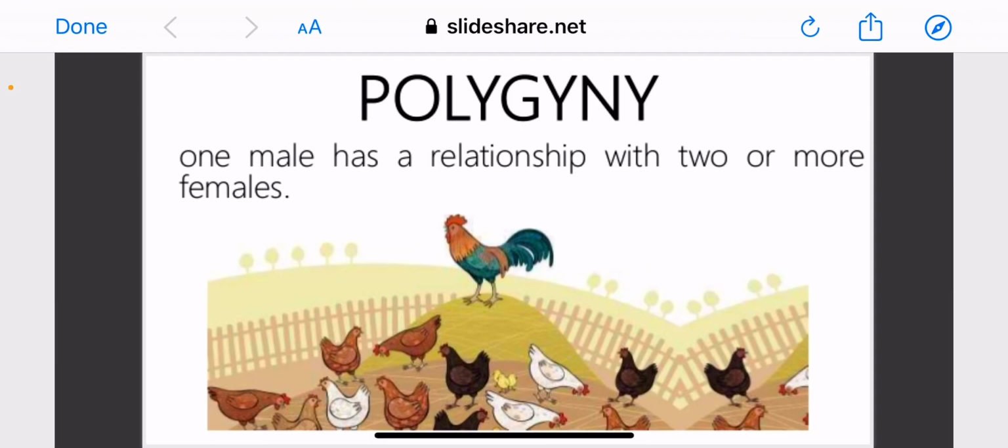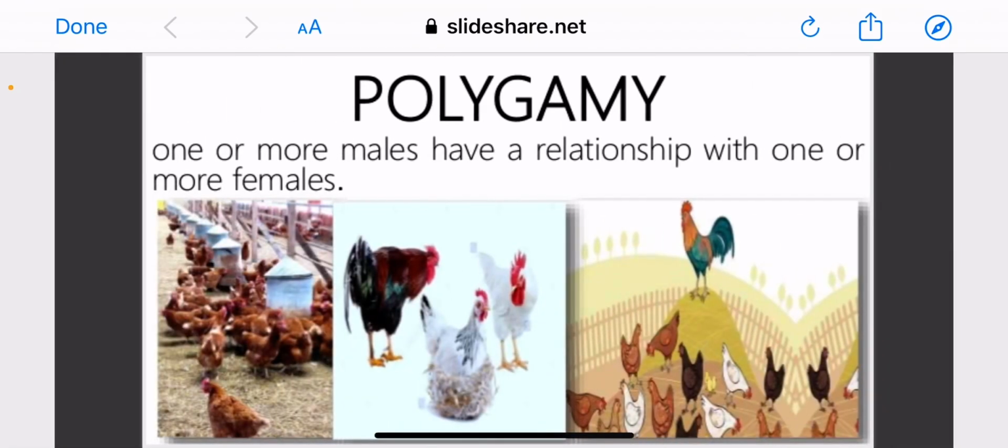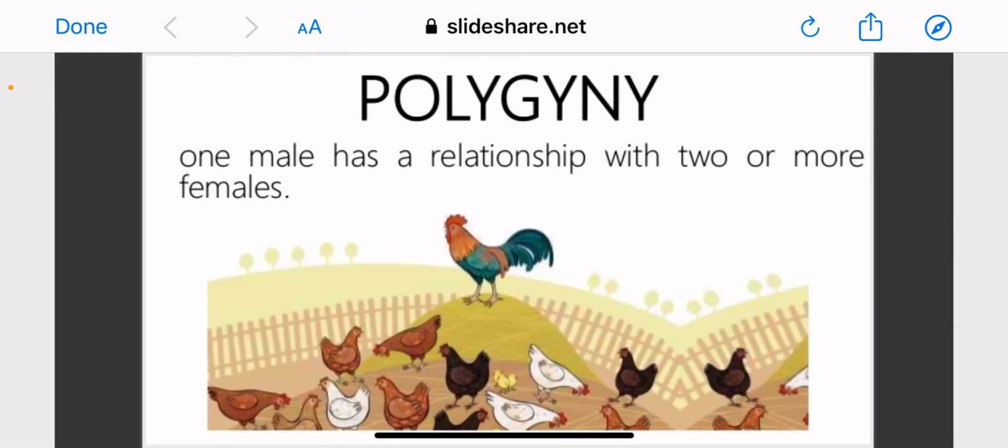There's also polygyny, wherein one male has a relationship with two or more females. So polygamy and polygyny are somewhat the same, but polygamy is limited to two while polygyny is more than two.